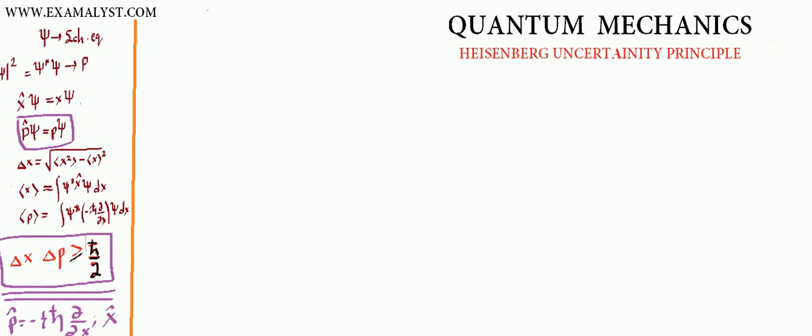Before starting, let me tell you something about a very interesting inequality called the Schwarz inequality. The Schwarz inequality states that, consider you have two complex functions, one is f and another function is g.